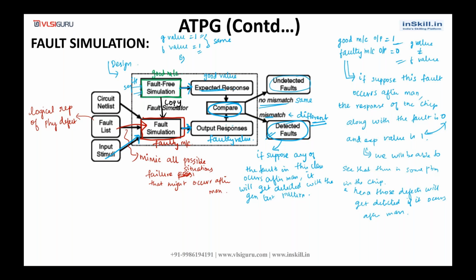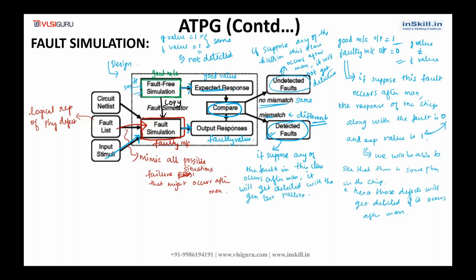Not detected fault class means that if any of the faults in this class occurs after manufacturing, it will not get detected with the generated test pattern. So a good value and faulty value both being the same means the faults will not get detected with the generated test pattern.